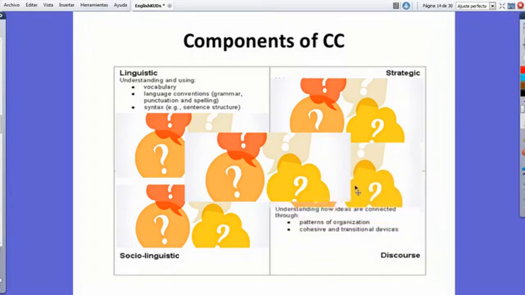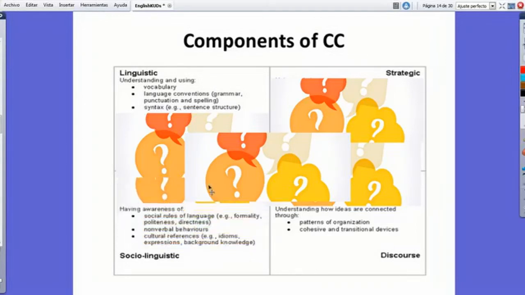By discourse, we mean understanding how ideas are connected through patterns of organization, cohesive and transitional devices. By sociolinguistic, we mean having awareness of social rules of language, for example, formality, politeness, directness, non-verbal behaviors, cultural references, for example, idioms, expressions, background knowledge.